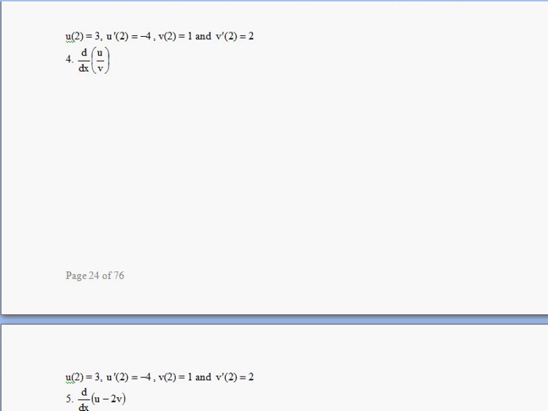So here, instead of having a product, we have a quotient. The quotient rule says low d high minus high d low, all over low squared.